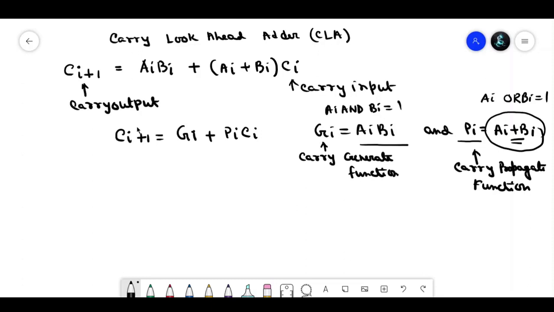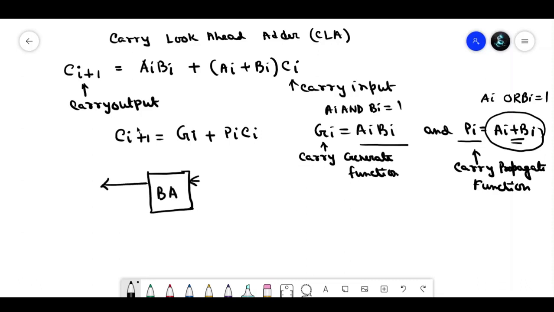So the basic adder for generating the sum Si, carry propagate Pi and carry generate Gi will be like this. This is the basic adder circuit.